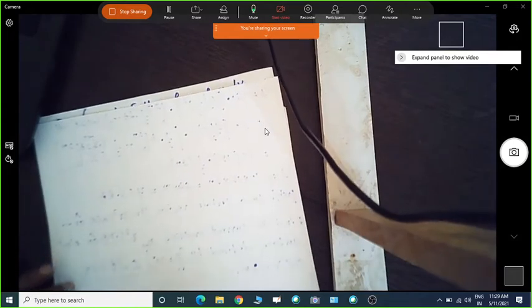Okay, so now take out another problem, which is based on the calculation of resistance.